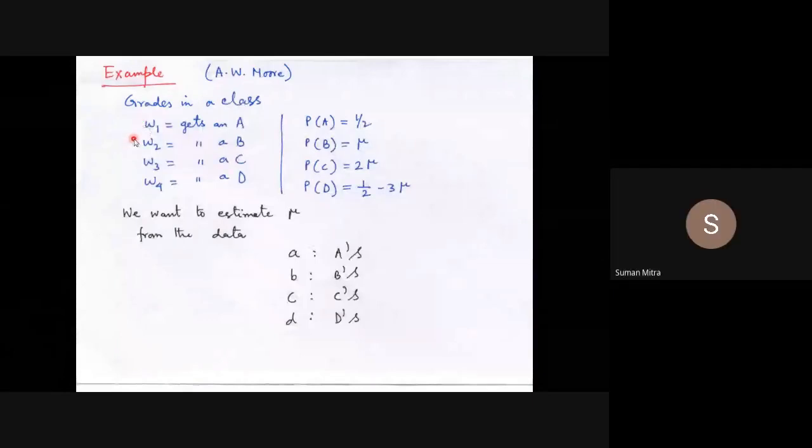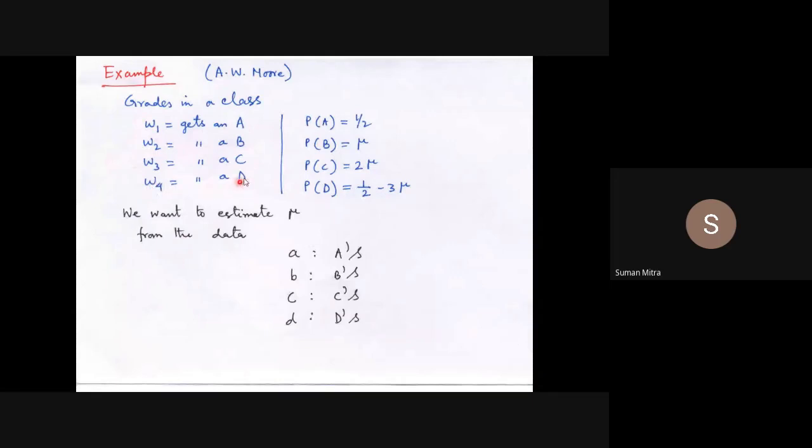W1 gets grade A, W2 gets grade B, W3 gets grade C, and W4 gets D, right?